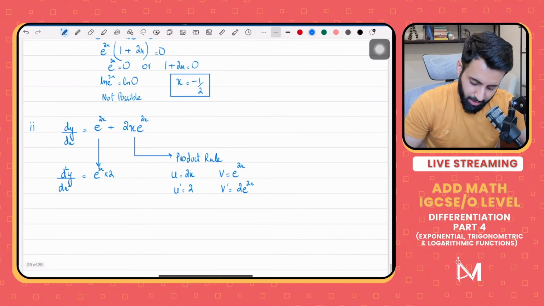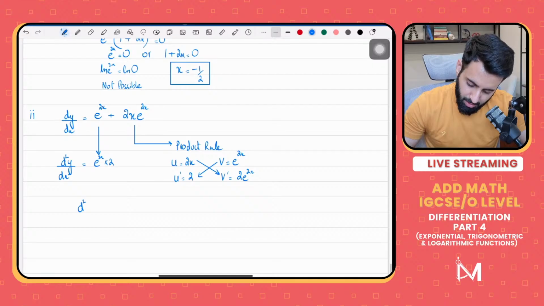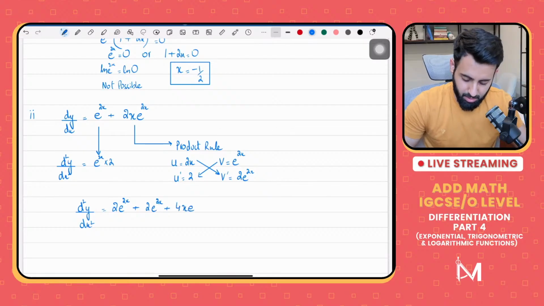Okay, I've written it directly because we've differentiated it so many times already. Now the double derivative, which is d square y upon dx squared, is equal to 2e power 2x plus vu prime, which means 2e power 2x, plus uv prime, which means 4x e raised to the power 2x.